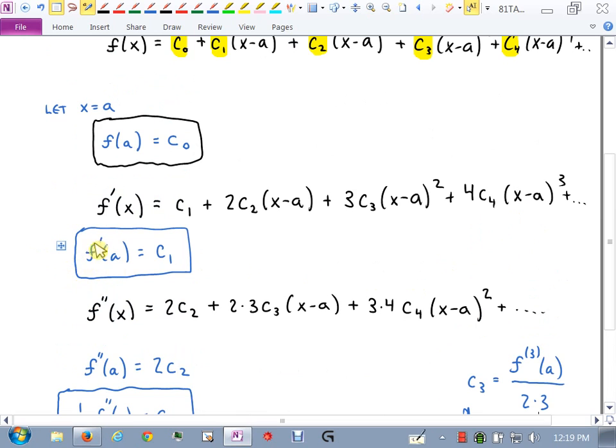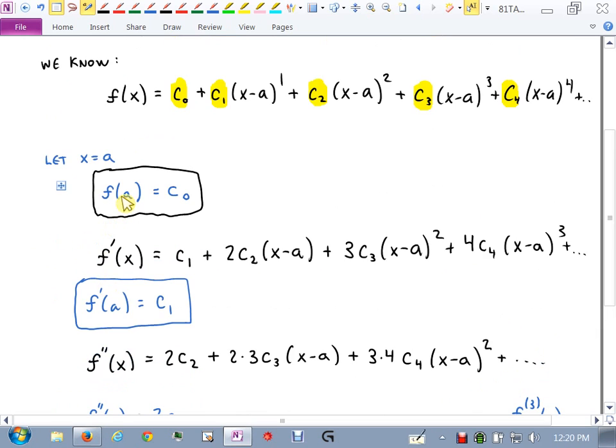This is like a first derivative at a over 1, right? So 1 factorial. And then check this one out. If I don't take the derivative, what derivative is it? We actually call it the 0th derivative. And so this is the 0th derivative divided by what? 0 factorial. 0 factorial is 1, right?